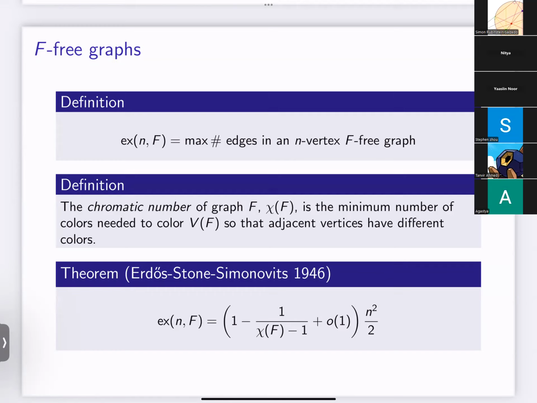So they showed that literally the same construction that's true for Turán's theorem is true for a general forbidden graph. It's just that to decide how many parts you have, you take how many parts you need in order to fit F in without having edges inside a part, and you subtract 1. Does that make sense to folks? Do people have any questions about this theorem?